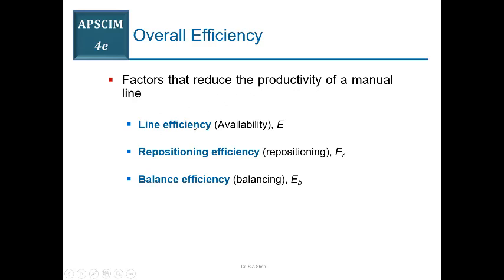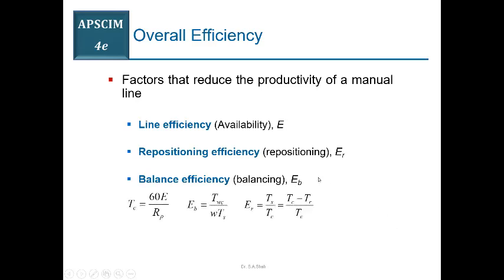So line efficiency is basically denoted by E, and it is the availability of the line, the time for which the line will be actually available for operation. Repositioning efficiency is the repositioning losses, and it is represented as E with the prefix R, और बैलेंस एफिशिएंसी आपके पास है जिसको हम EB से डिनोट करते हैं.